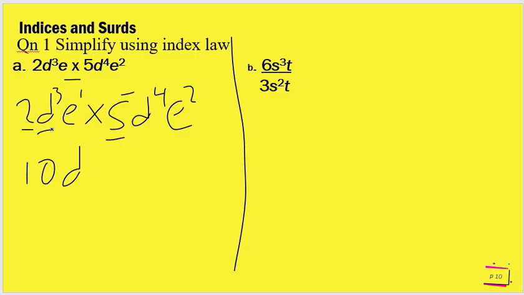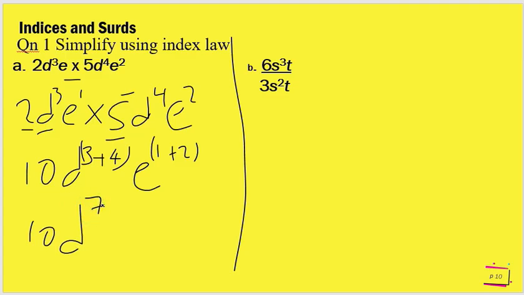In the first term we have 3, so it will be 3 plus 4, that is the power. Then we have e, 1 plus 2, and the final answer will be 10 d power 7, then e power 3.